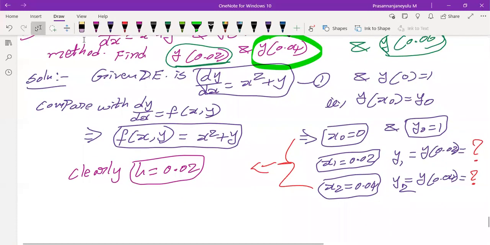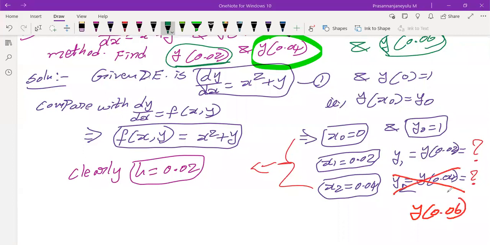Indirectly, they are asking us to find y of 0.06 also, but it is not required to find y2 separately. But without finding y2, can we go to the next value y3? No, we should not.